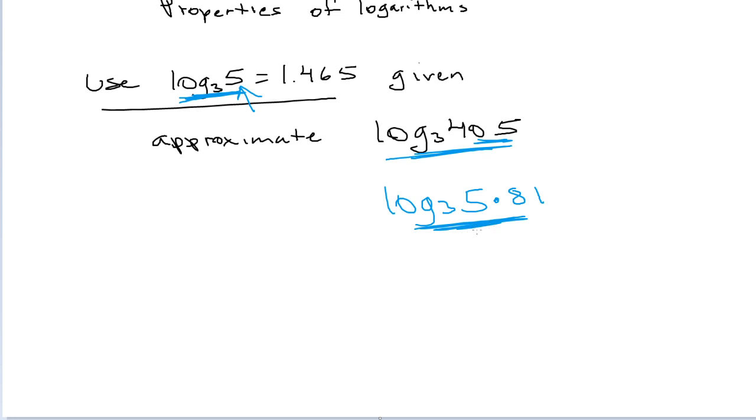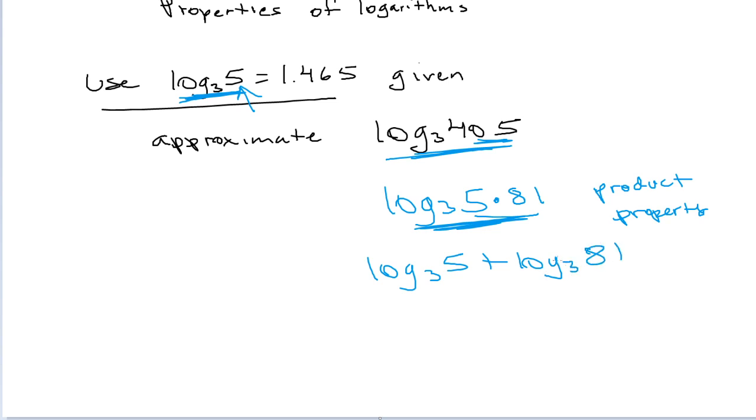And the answer is the product property. Why? Because those 2 are being multiplied. So I can rewrite this as logarithm base 3 of 5 plus logarithm base 3 of 81.